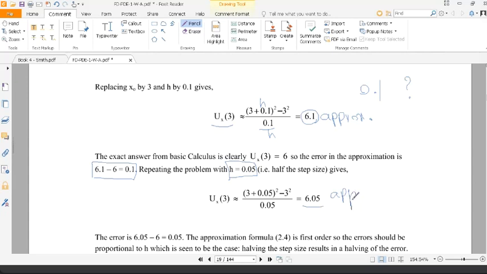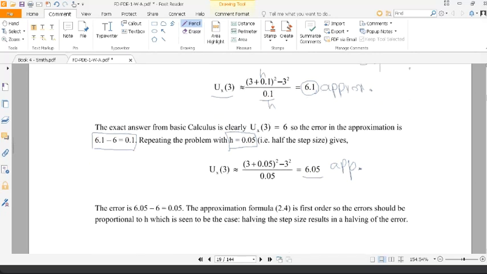The exact solution does not change. The exact solution is always 6, and the error is 6.05 minus 6, and the error is 0.05. Okay.